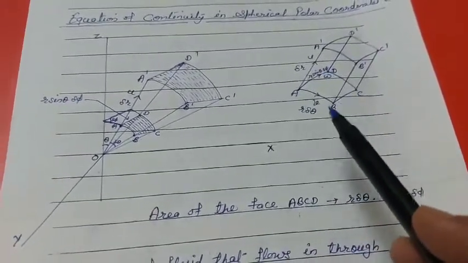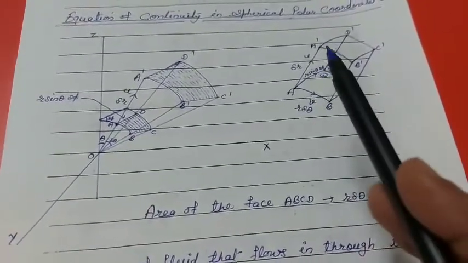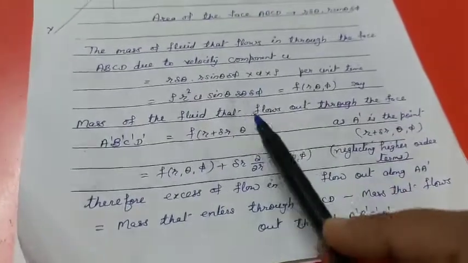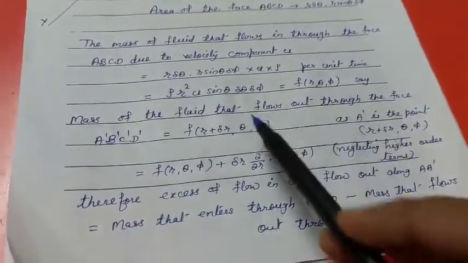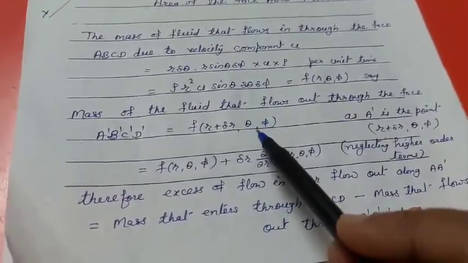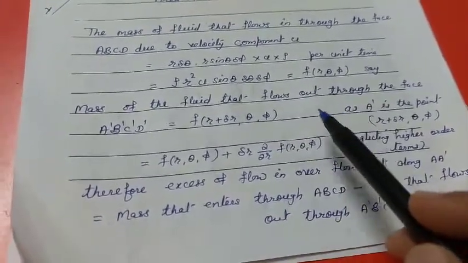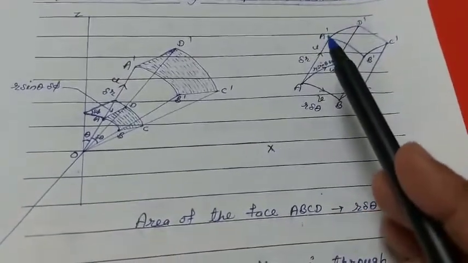Mass flows in from ABCD and comes out from A'B'C'D'. So, the mass of the fluid that flows out through this face will be f of r plus delta r, theta, phi, as the coordinates of A' will be r plus delta r, theta and phi.